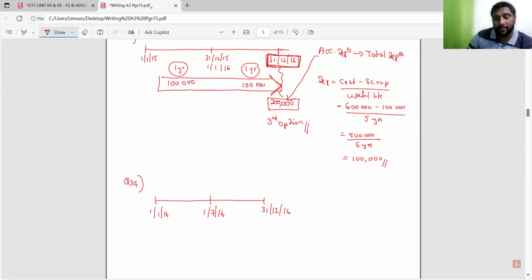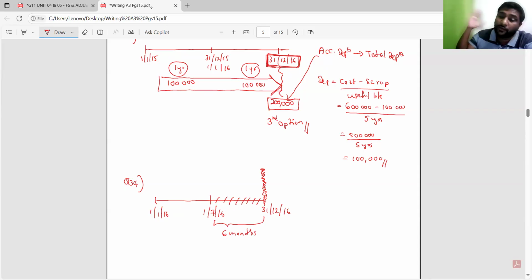But understand, when we are making accounts for this particular day, only how many months are relevant? July, August, September, October, November, December. 6 months. So for the accounting period, relevant only 6 months.